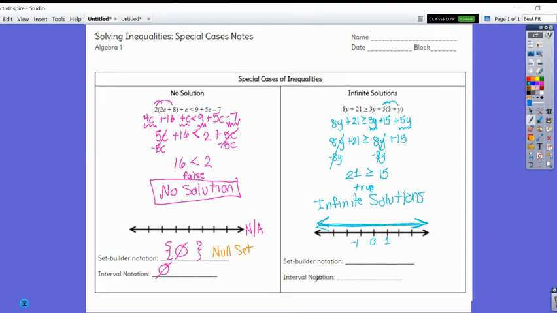So what does this look like in set builder notation? The set builder we know is going to have those curly braces on it. We're going to introduce the variable. That's letter y. Put your vertical bar in to say that we're ready to get to the good stuff. Now, we're talking about every single number that you can imagine. This is what we call every number that's part of the reals. So we write y is an element of, and this is kind of a funky E. It's like you draw a letter C and then put a line in it, and this means it is an element of.